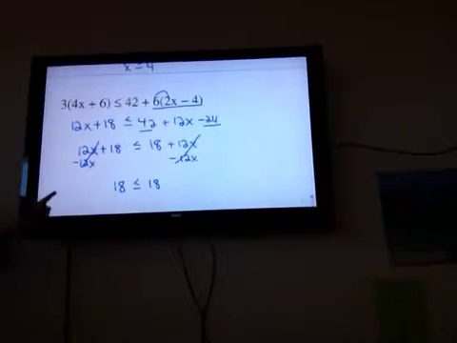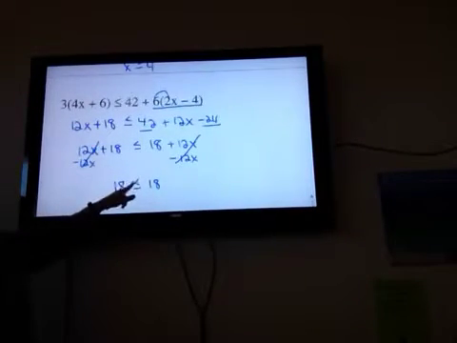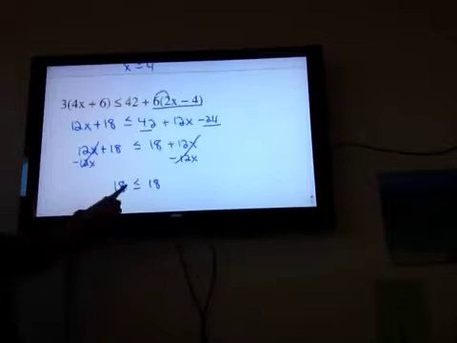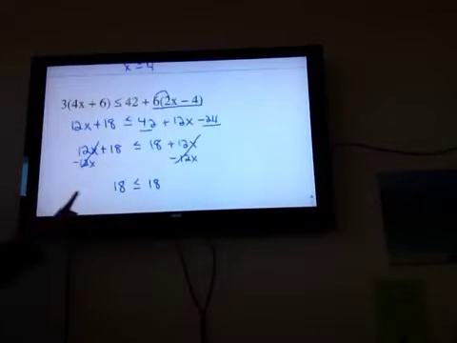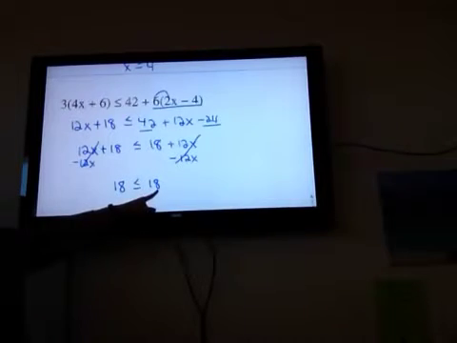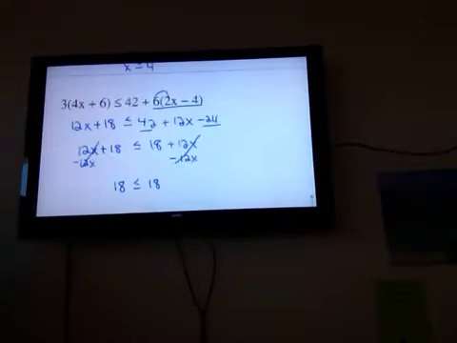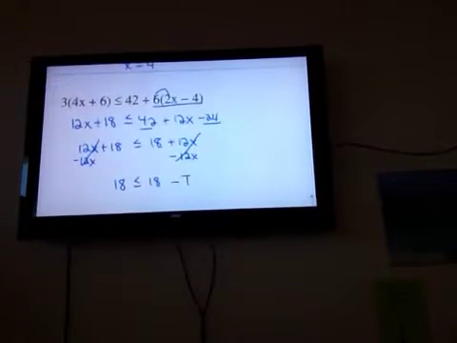So when this says 18 is less than or equal to 18, it's saying two things. It's saying 18 is less than 18, which is not true. But 18 is equal to 18? Yeah, that's true. So this is a true statement. Okay, this is true. And again, you have to determine that first. Then that tells us our answer.